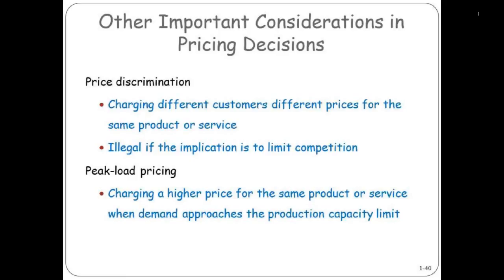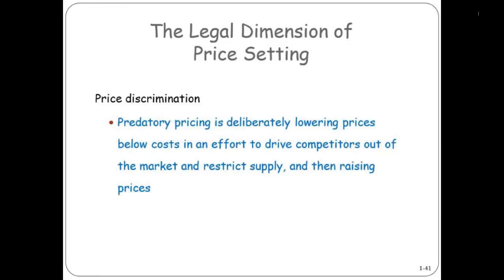So therefore, it gives you an opportunity to price. That might happen for seasonal type products. One that comes to mind would be oil and gas, which tend to go up in the winter for heating fuel.